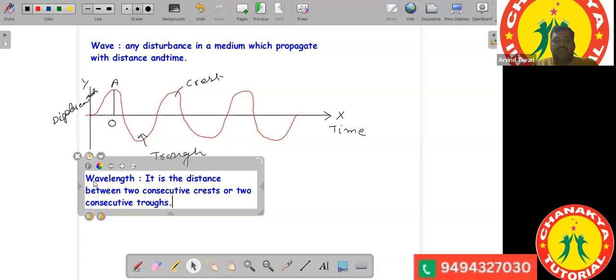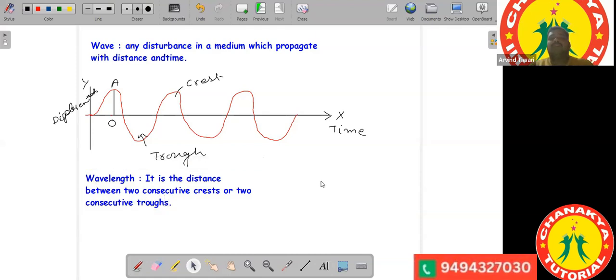Okay. So what is a wavelength? A wavelength, it is the distance between two consecutive crests or two consecutive troughs.